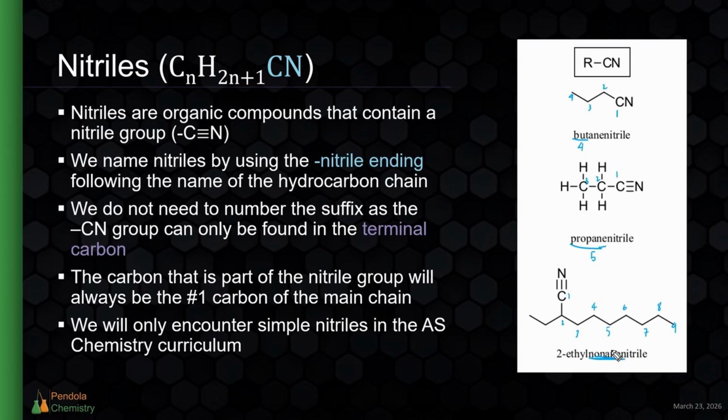Nonane means 9, so that's 9 carbons. Nitrile tells you that the first carbon has a triple bond to a nitrogen. And then 2-ethyl in this case, because we have a 2-carbon side chain. So again, we're using the same rules. We're just applying the fact that we're going to use a nitrile suffix in this case.